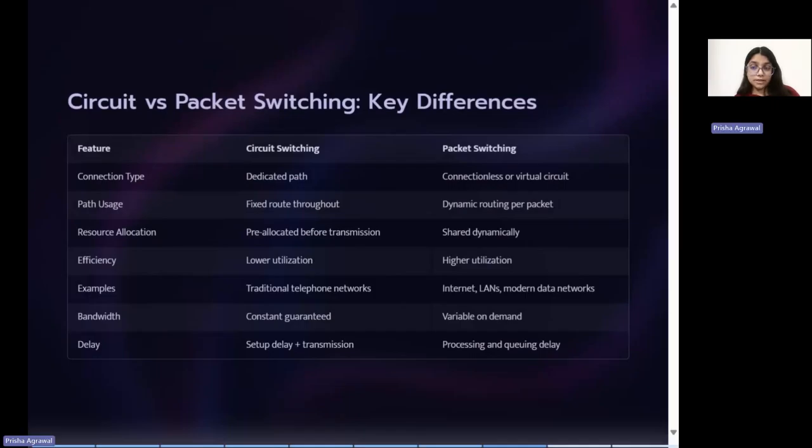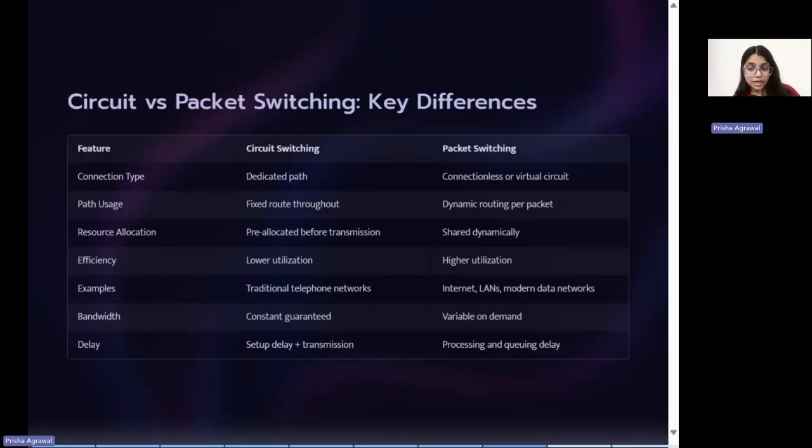Finally, we can compare the delay characteristics. In circuit switching, there is a setup delay while the connection is being established. However, once the connection is established, the communication happens smoothly and the transmission delay becomes very low.